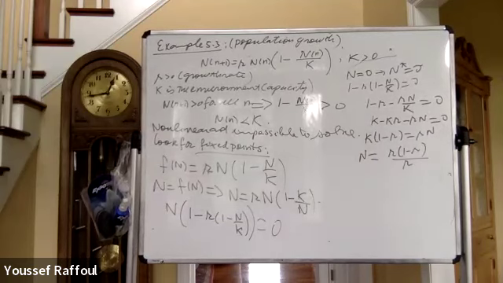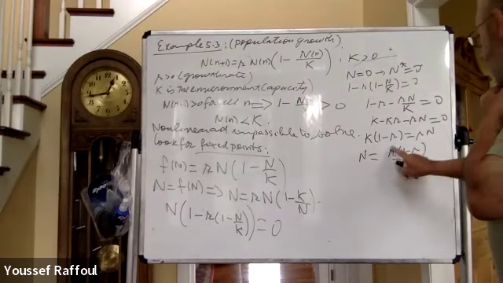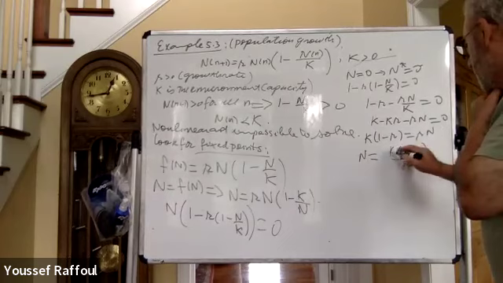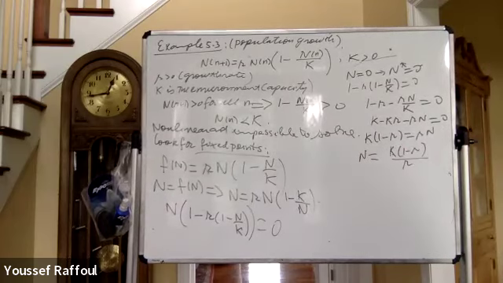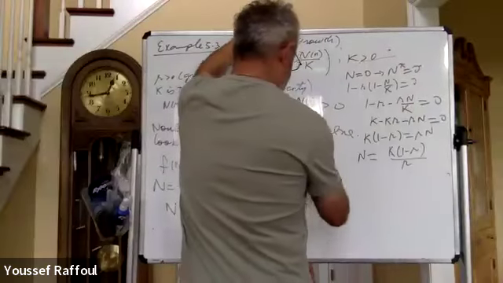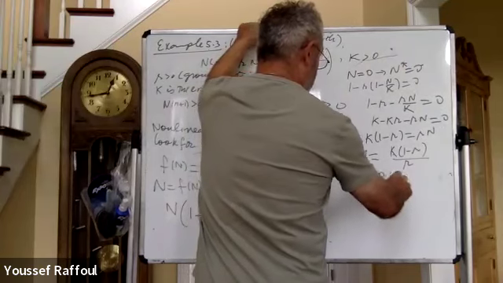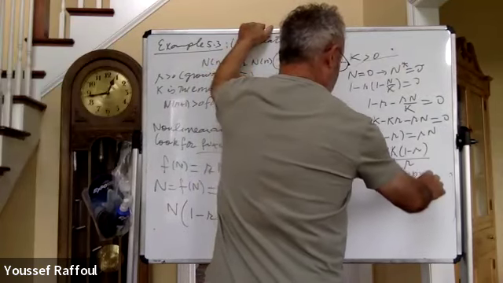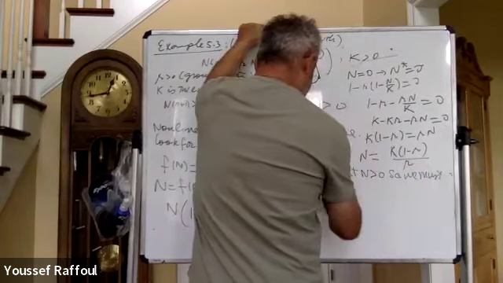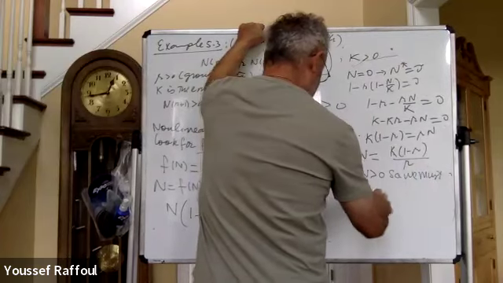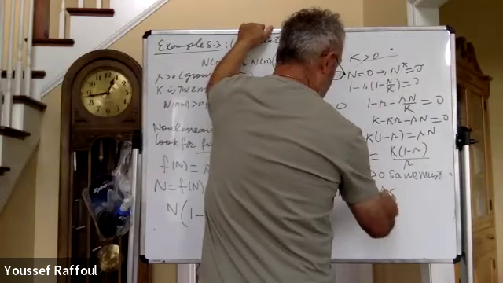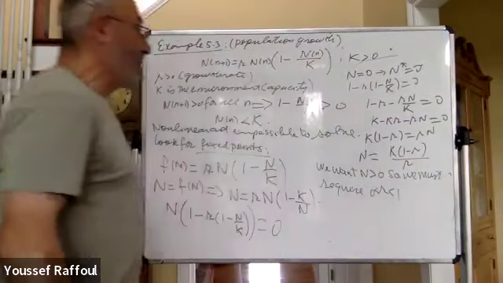Sorry, what happened to my k? And you see, we want n to be positive, so we must require the growth rate to be between 0 and 1.